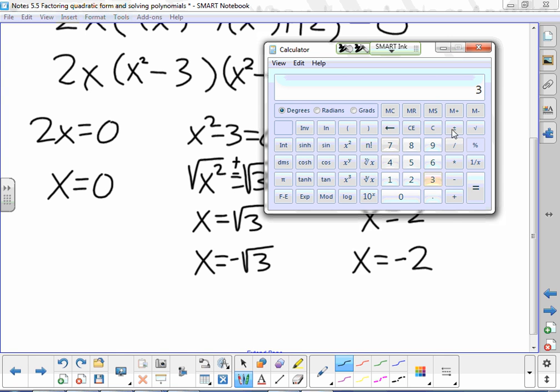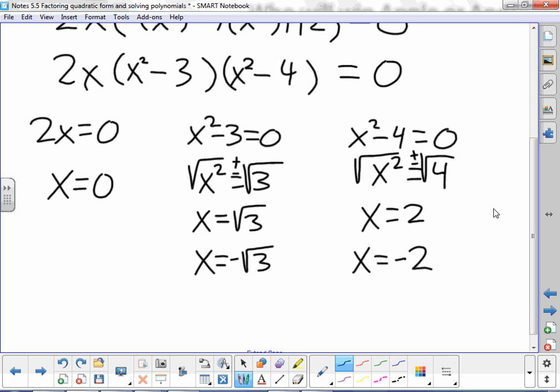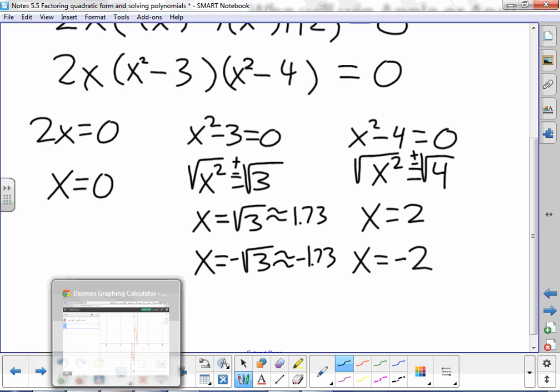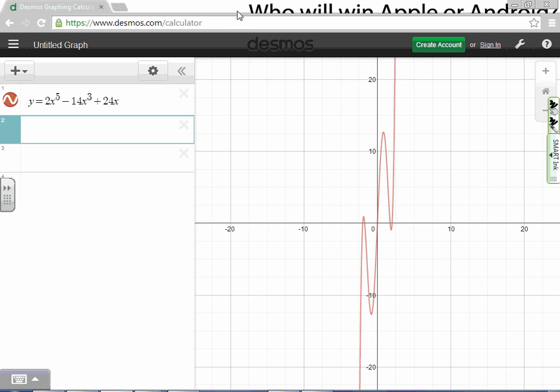Just to show you, the square root of 3 is approximately 1.73, and approximately negative 1.73. Those are the zeros of our graph. Let's bring this back up and see if it matches.